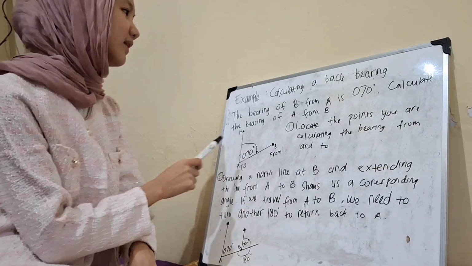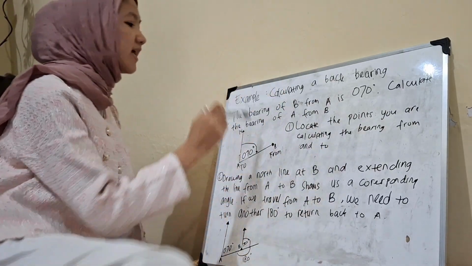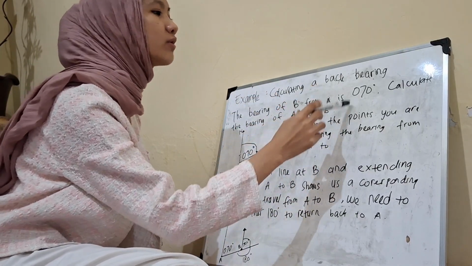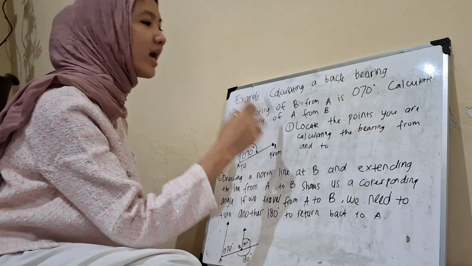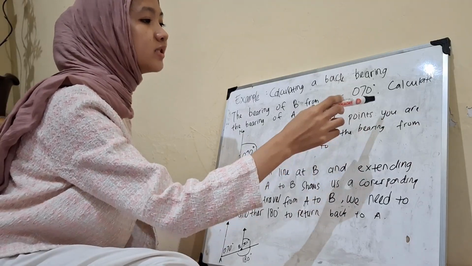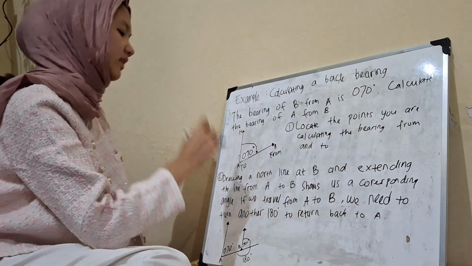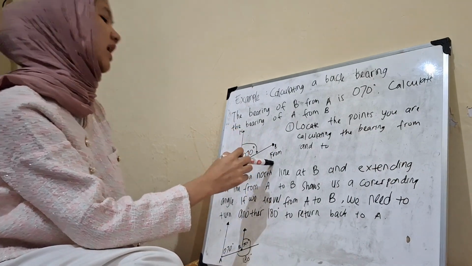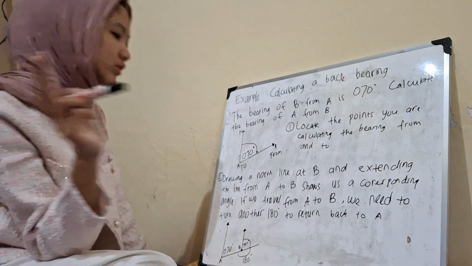Next example for bearings: calculating a back bearing. The bearing of B from A is 070 degrees. Calculate the bearing of A from B. Step 1. Locate the points you are calculating the bearing from and to: from B to A. Step 2.